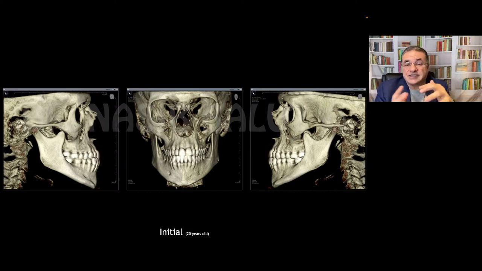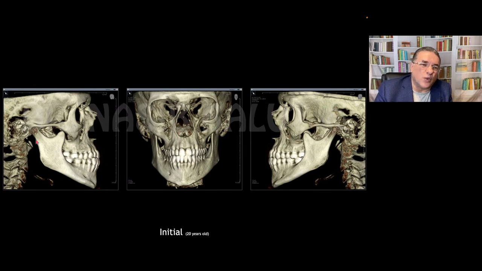The sagittal view, the axial view, and the coronal view are going to be very important to help me evaluate the cortical bone. And there is no way I can evaluate cortical bone if I don't have a CBCT.